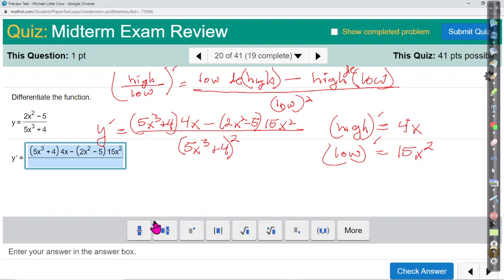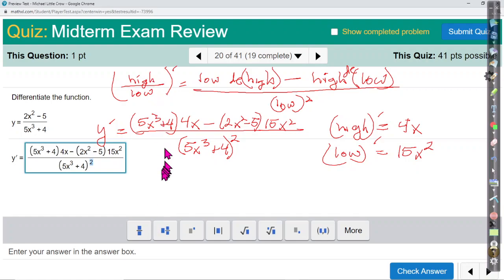Come to the bottom, and we've got 5x cubed plus 4, and then a little caret exponent squared.